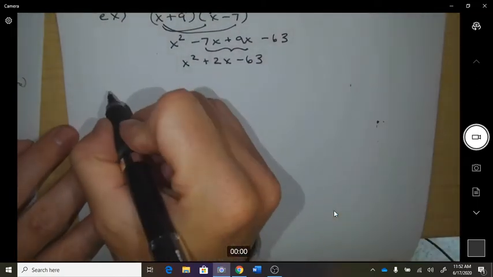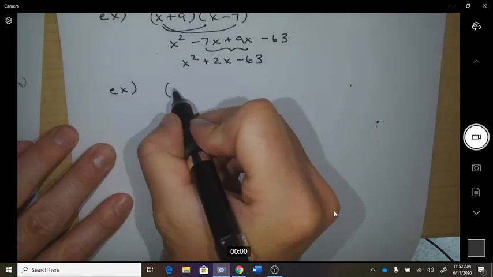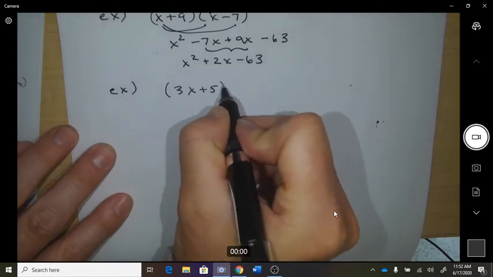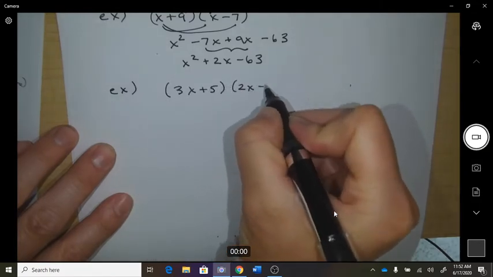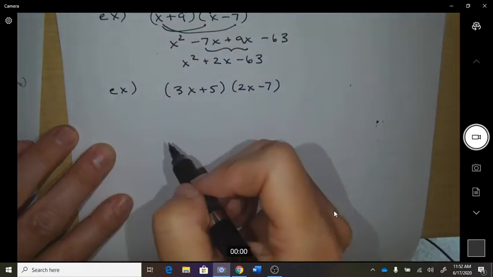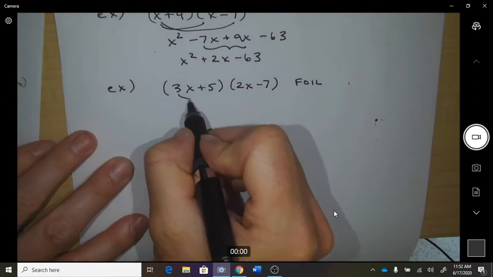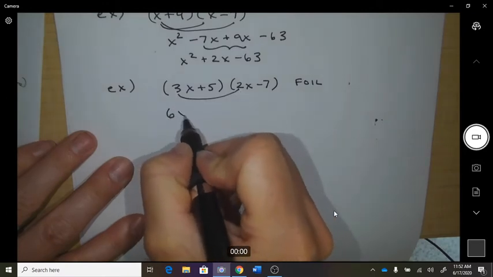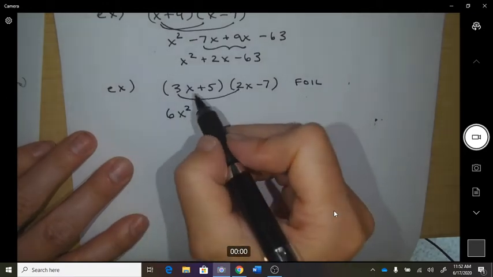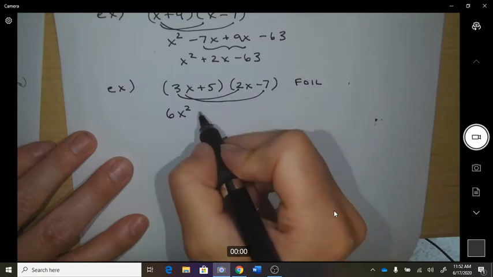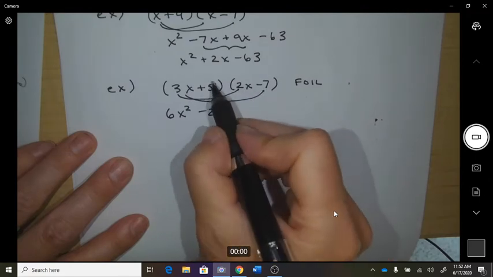Okay, next. So the binomial is 3x plus 5 and then 2x minus 7. Okay, same system, FOIL, two binomials. So first, 6x squared. Outsides, negative 21x.